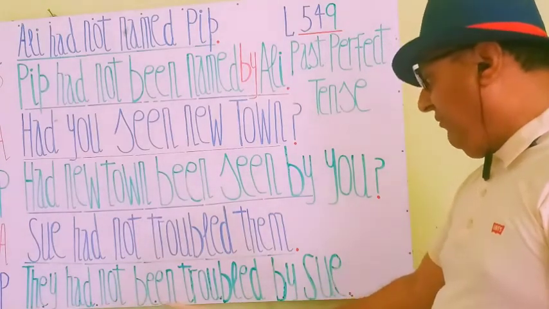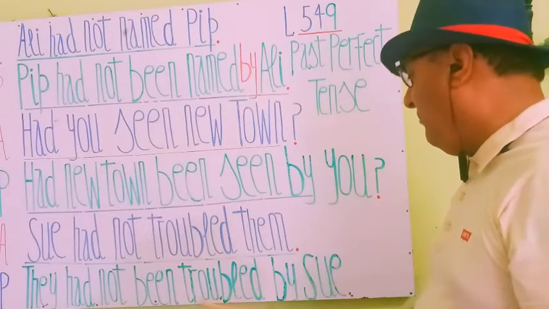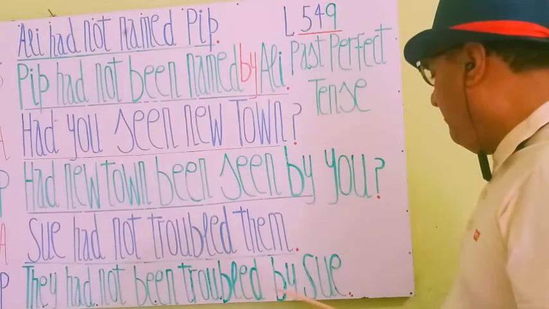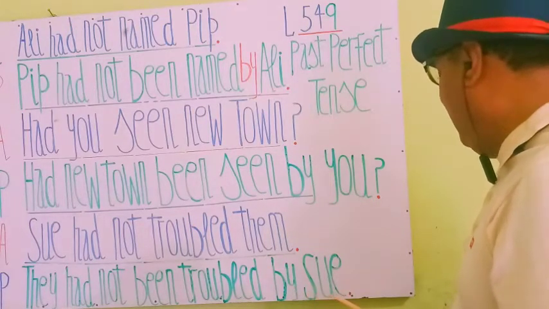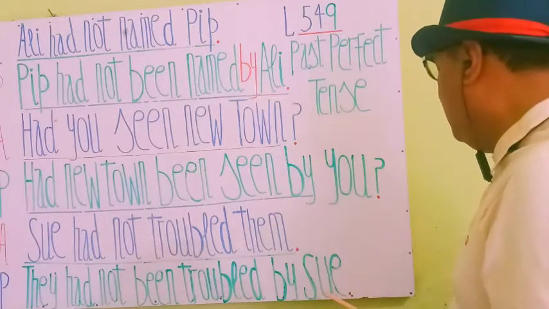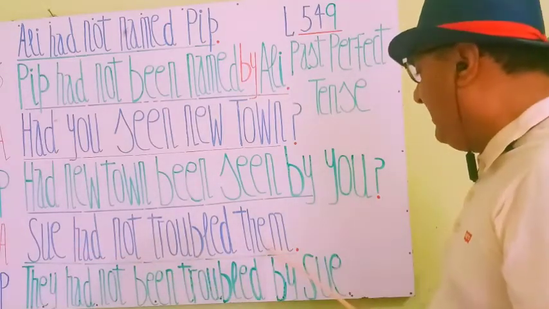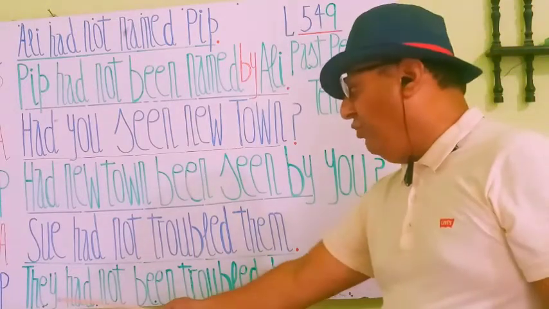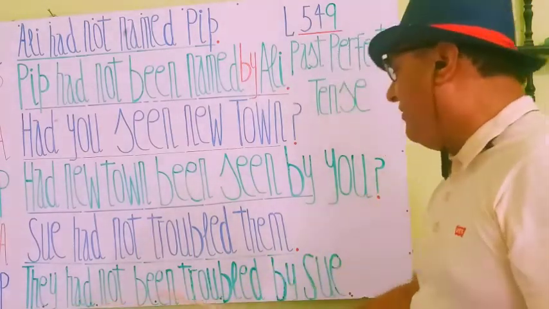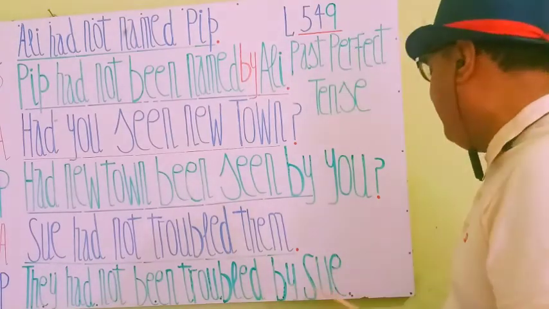Then been will be added for the passive voice, and then the third form troubled. Then the connecting word by, and in the end Sue will stand here as an object. So them and Sue replace each other, and instead of them we write its subjective form they. So the new formation is: They had not been troubled by Sue.